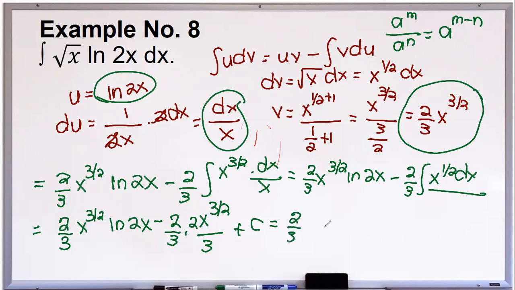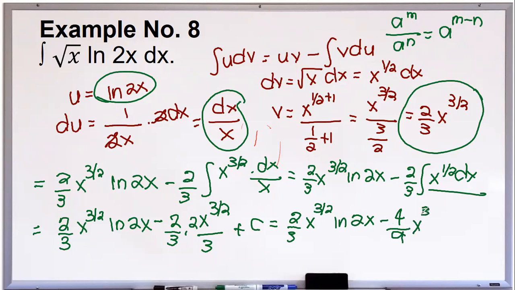So this will be 2/3 x raised to 3 over 2 ln of 2x minus, so 2/3 times 2, okay, so magiging 4 over 3 na siya, ay 4 over 9.